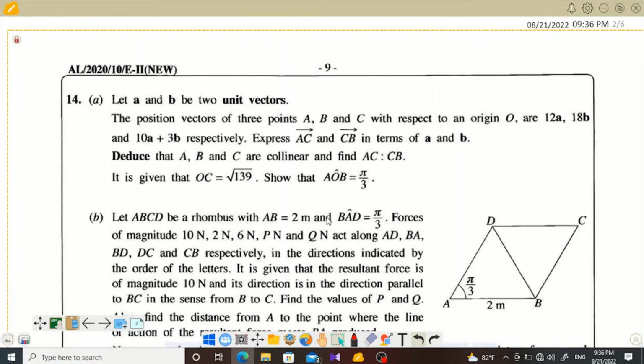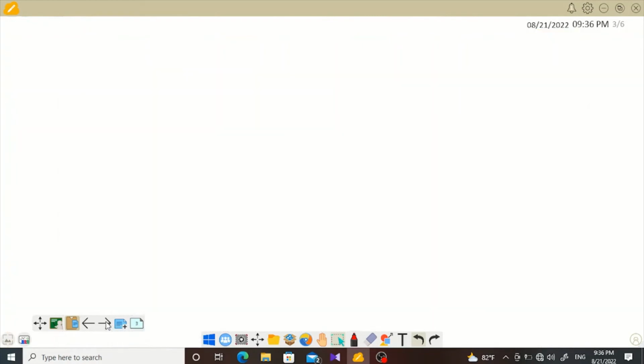So they have given the position vectors of three points. A position vector is always related to the origin O, so I can draw a diagram like this. This is my point of origin.